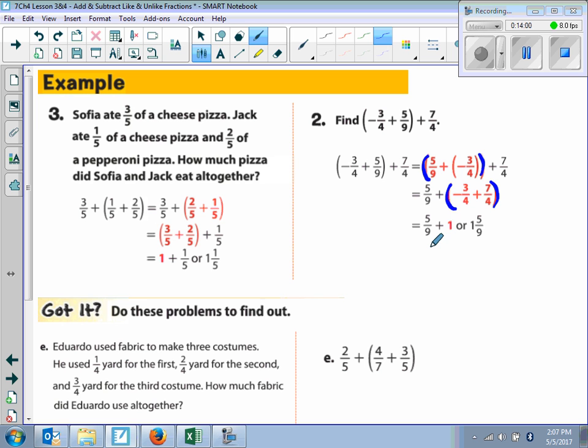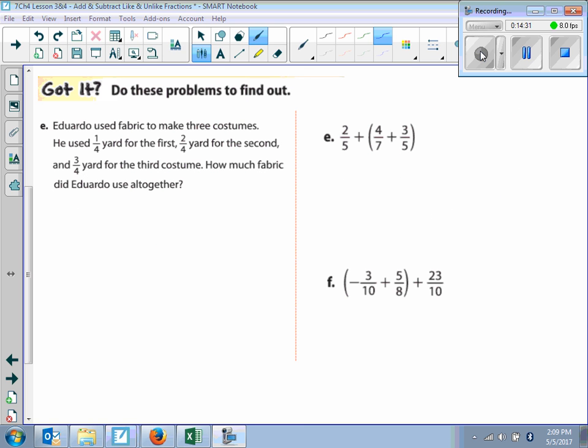That's the associative property of addition. So when I add, this is a negative 3/4. Negative 3/4 plus a positive 7/4 gives me a positive 4/4. Right? 4/4 is equal to 1. So we end up with 1 plus the 5/9, which is equal to 1 5/9.